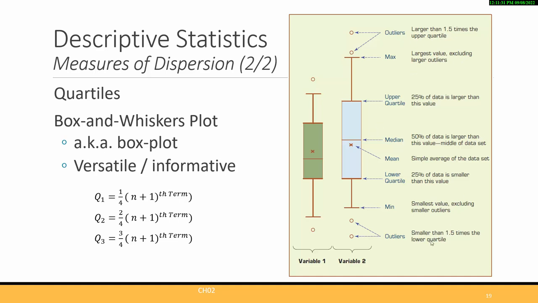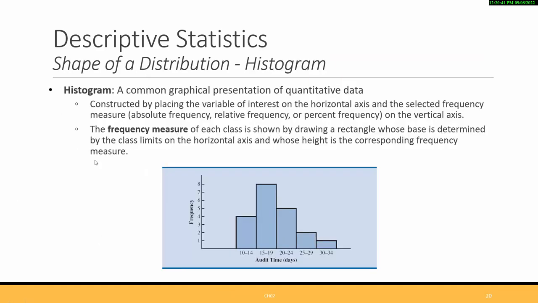So outlier means values which are much higher, or 1.5 times higher, than the other values, than the lowest value or the maximum value in this set. So we may have some outliers or some exceptional values in the data set. Usually when you draw the box and whiskers plot, it excludes those outliers to frame the graph.